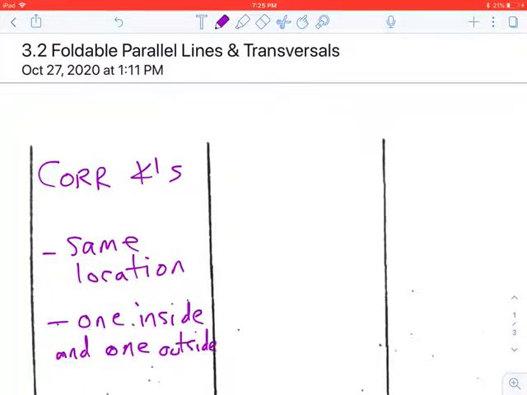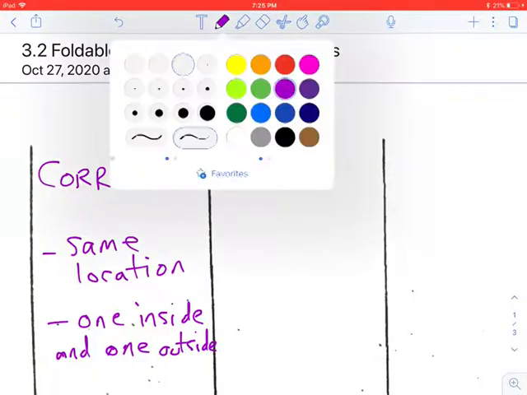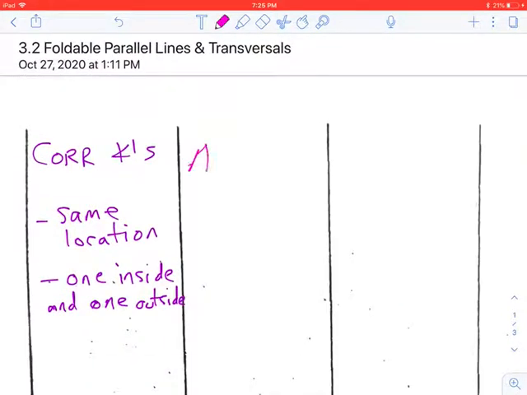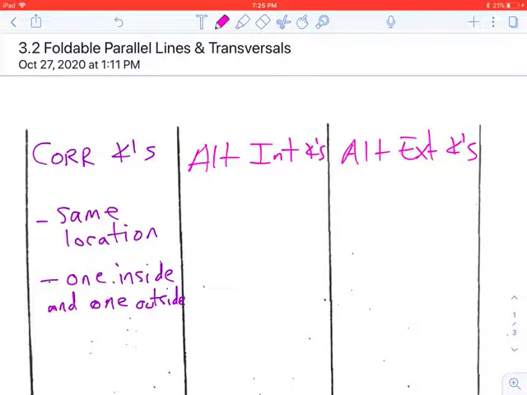Okay? So that's corresponding. The next two are going to be alternate interior angles and alternate exterior angles. And again, how do you know what those are?